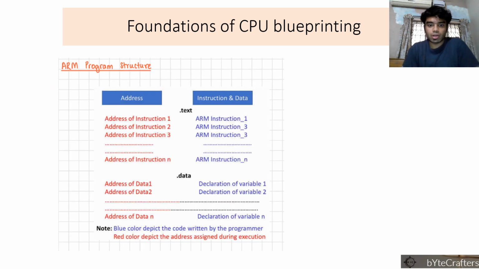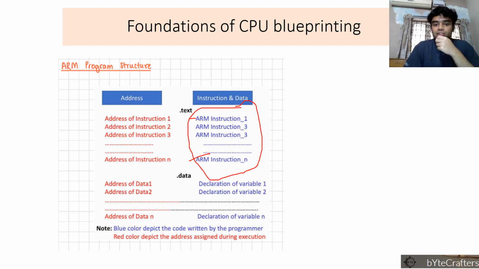Moving on, how does the processor read your program? The processor is not going to go from instruction 1 to instruction n and start doing it. That's not how it works. Let's say this is the code that you have written. Your instruction 1 gets assigned to memory 1.